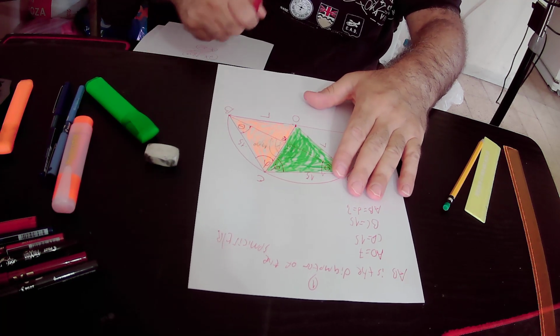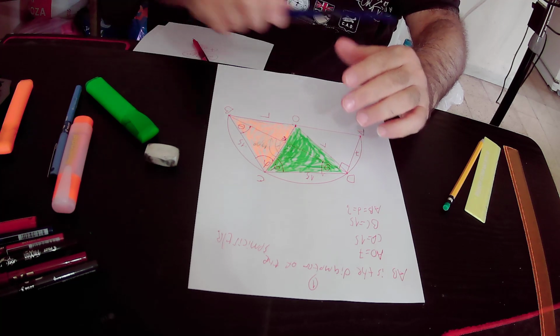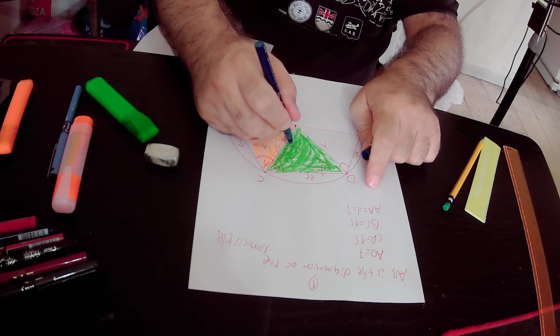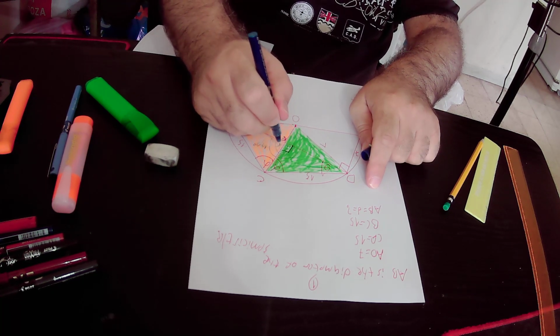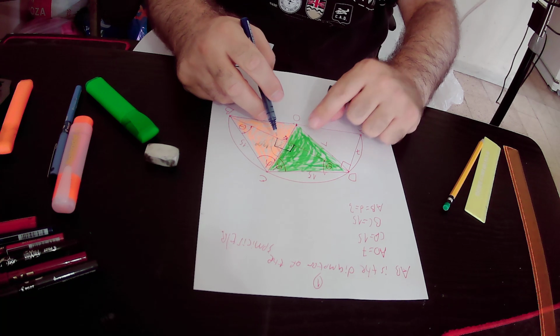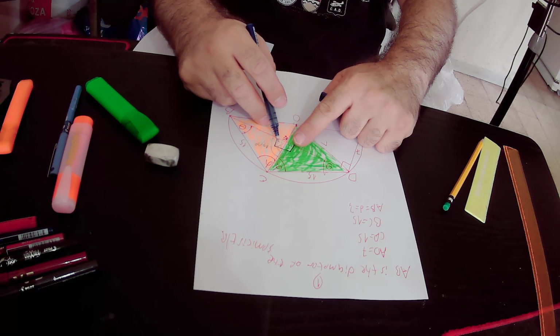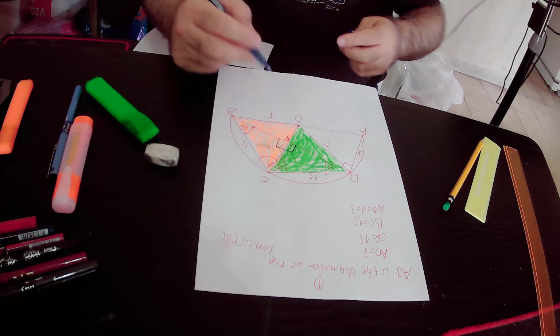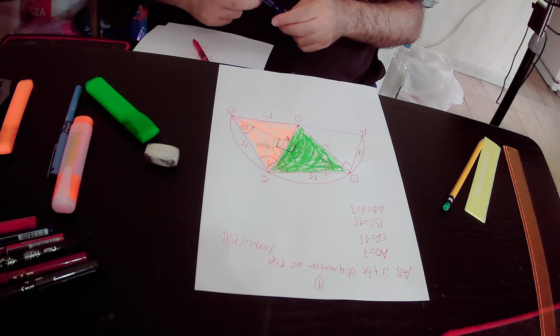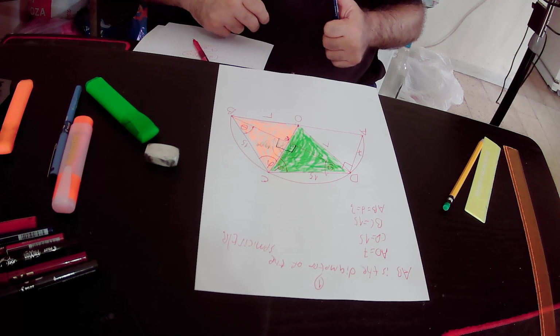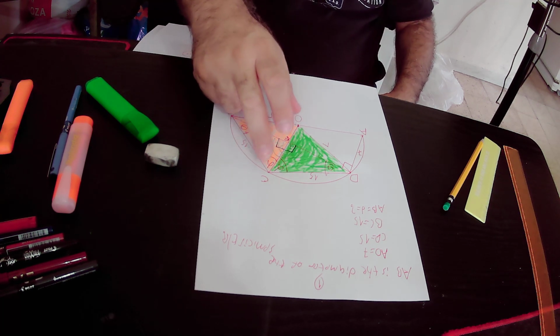Okay, so actually this is a right angle, and this angle is also a right angle. So we have here two right angles. And in the next step, we will focus on chord OC.